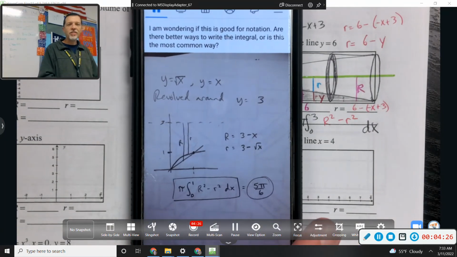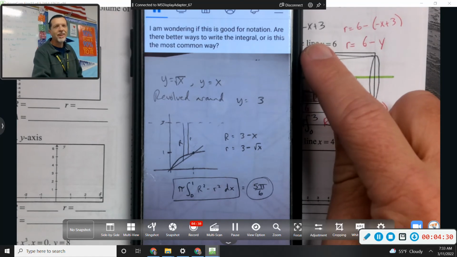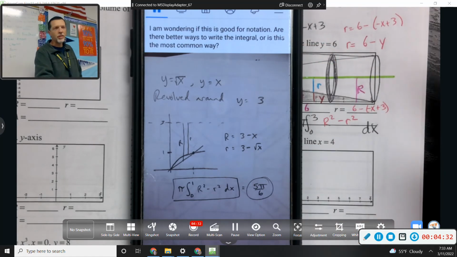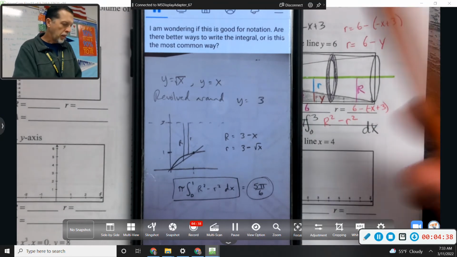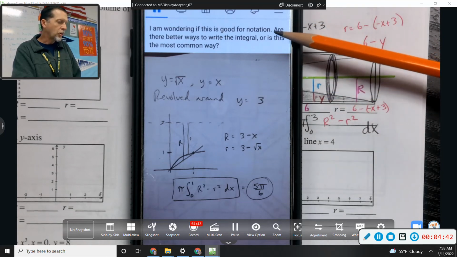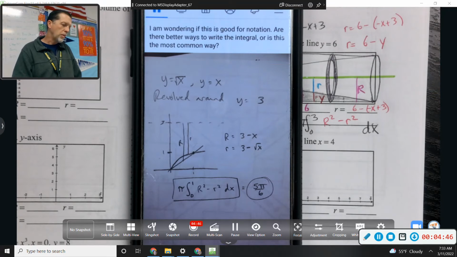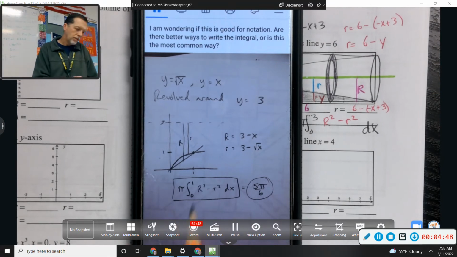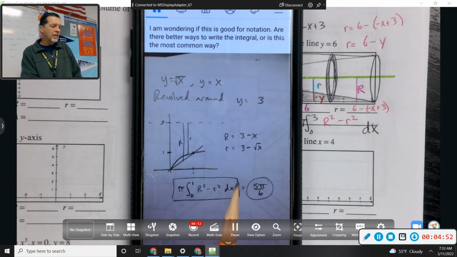This was just yesterday. I'm wondering if this is good for notation. We get lots of questions like this because some of the AP graders are in this group, and so they'll say, yeah, that's good, or no, you need to explain further. And so this teacher, I'm sure they're grading somebody's test or homework, and they said, I'm wondering if this is good for notation. Are there better ways to write this integral, or is this the most common way? And you can see a little bit of what's going on, but basically they're curious is this enough work shown?